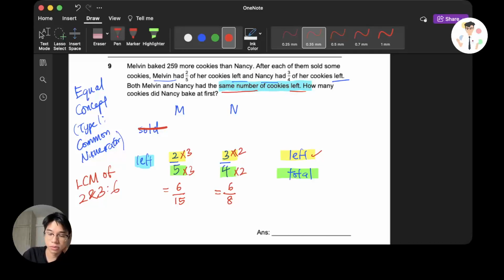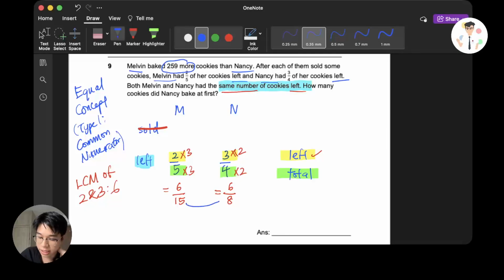Now, look at here. I have found this 15, which means Melvin at first had 15 units. Nancy at first had 8 units. But don't forget, Melvin had 259 more cookies than Nancy.